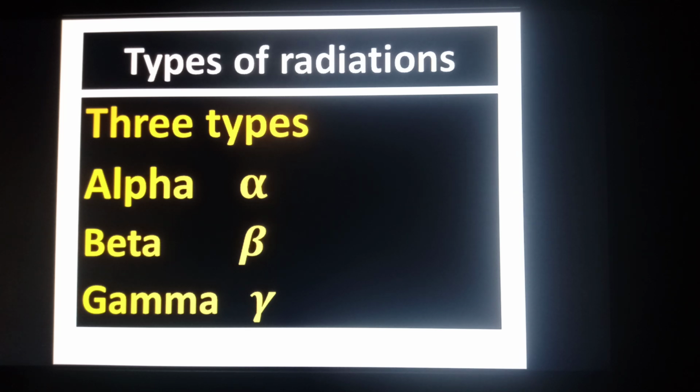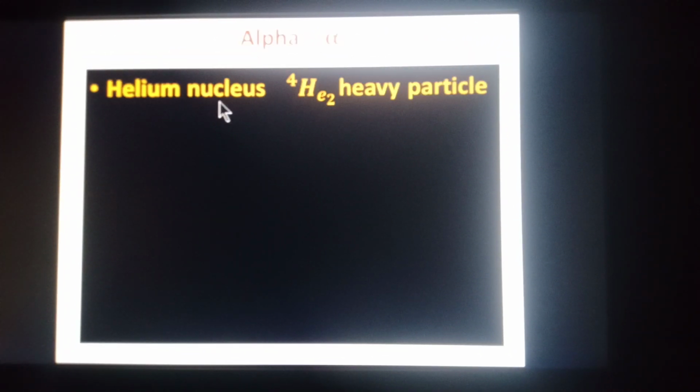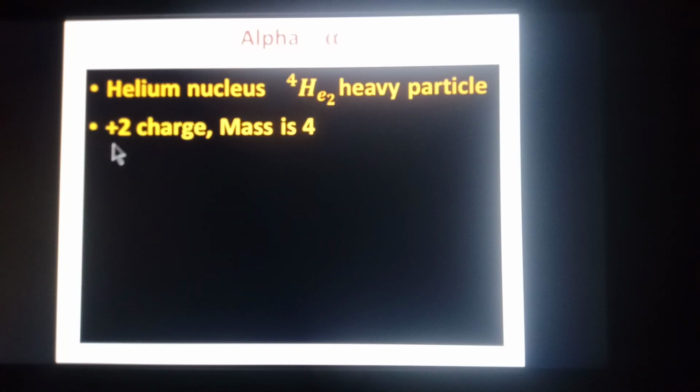First, taking alpha particles. Students, these are actually helium nuclei. You know, in a helium nucleus, there are two protons and two neutrons. So, an alpha particle has double positive charge and its mass is equal to that of 4 nucleons.